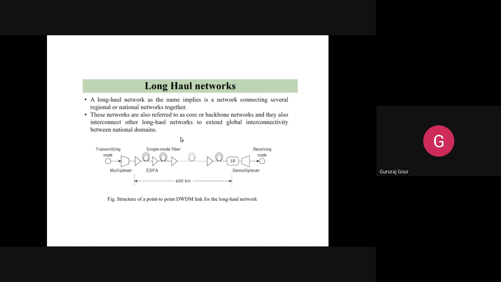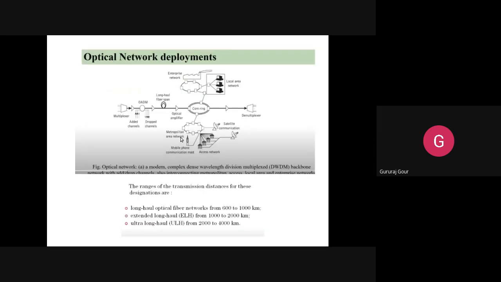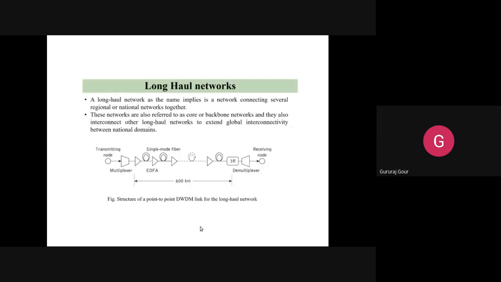Again, there are different types of long haul networks, LHNs, based on the ranges they are going to support. Normal LHN supports from 600 to 1000 kilometers. Beyond 1000 up to 2000, it is known as extended long haul network, ELH. And beyond 2000 up to 4000 kilometers, it comes under ultra long haul networks. Okay, so these are all about LHN.